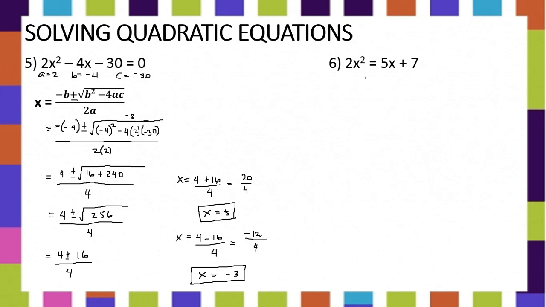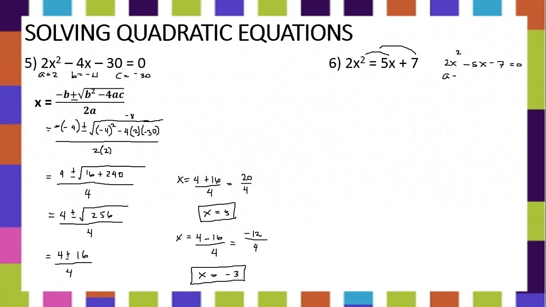Okay, number 6. I-arrange pa natin siya. So, 2x squared, I'm going to transpose this negative 5, positive 5x, magiging negative 5x. Positive 7, magiging negative 7 equal to 0.